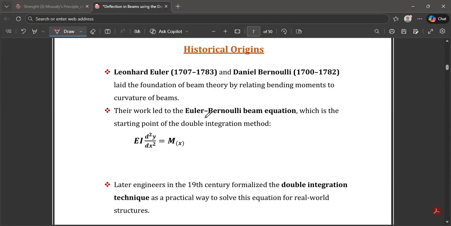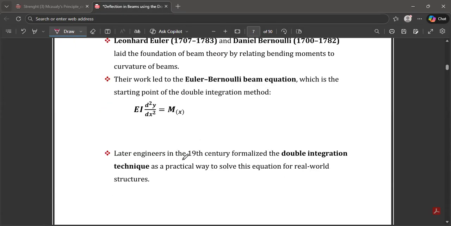Their work led to the Euler-Bernoulli beam equation, which is the starting point of the double integration method. And that is this that you can see.